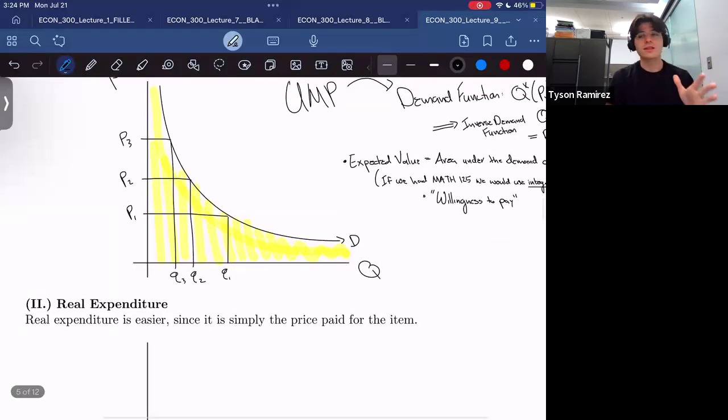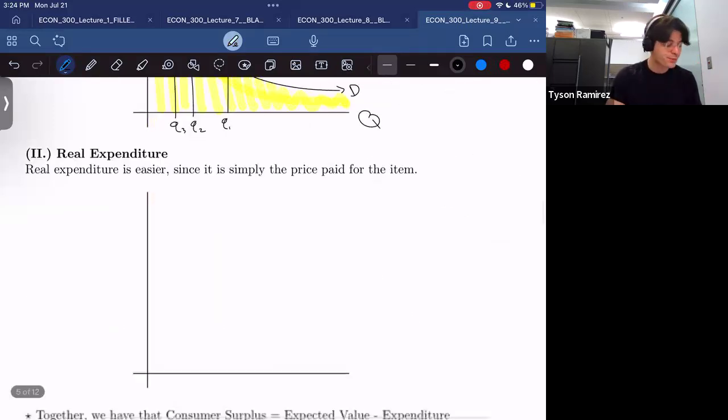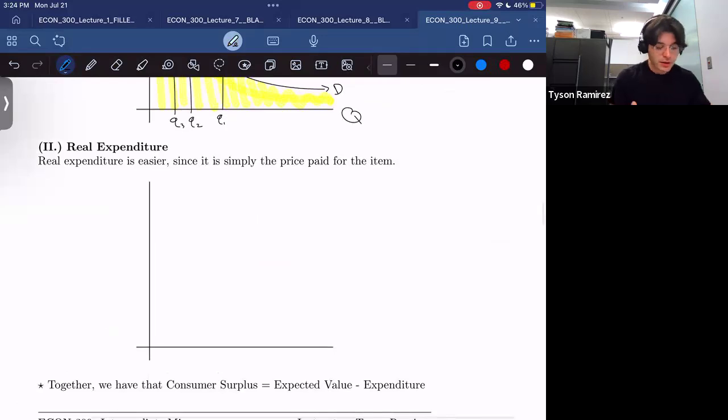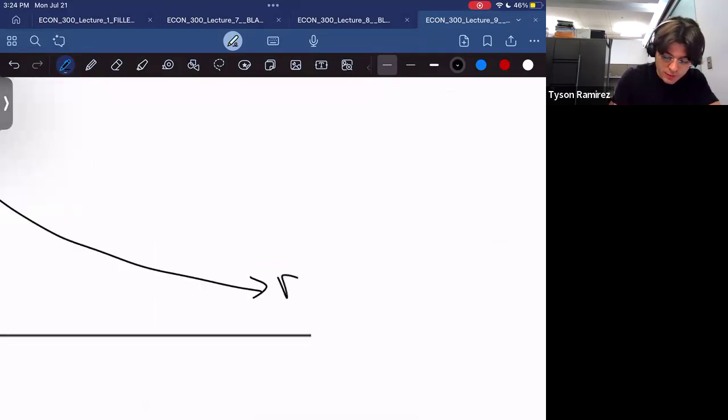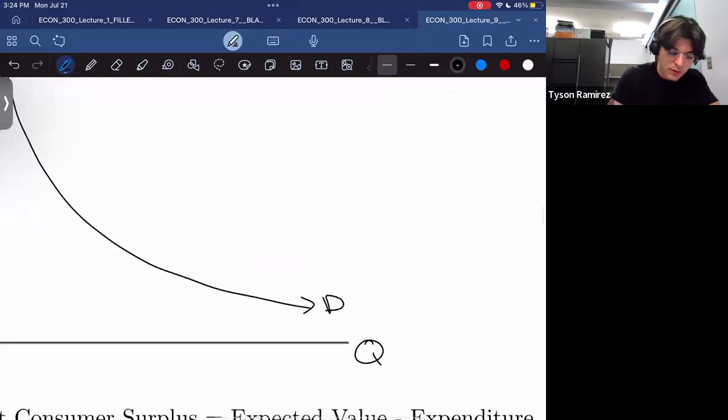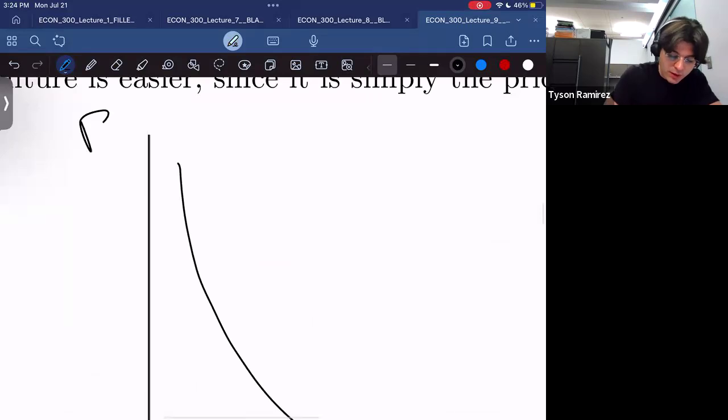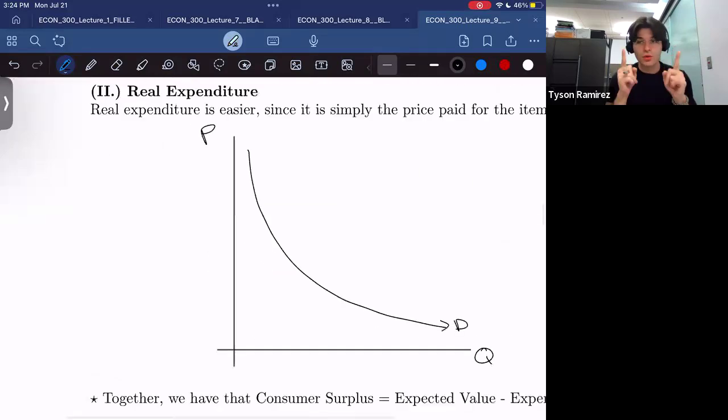Now the cost is easier. The cost is real expenditure, and that's simply the price paid for the item. So with that, if that was our demand function, that's our price. Of course, there's only one market price, right? At least in our simplified model, we just assume that everybody pays the same one market price.